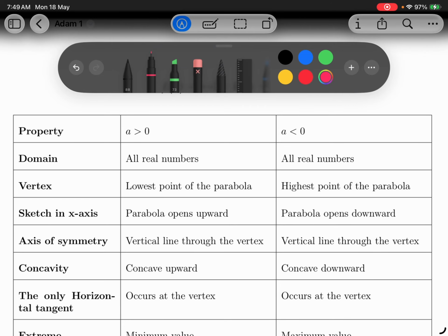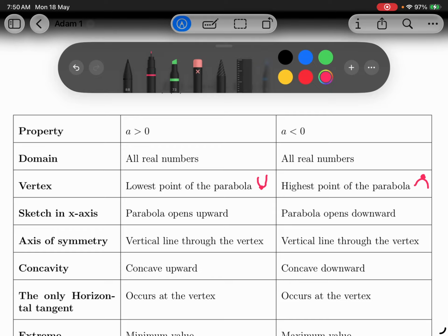When a is less than 0, the graph will be flipped upside down, so it will be in this shape, and here the vertex will be the highest point in the parabola, whereas when a is more than 0, it is the lowest point.